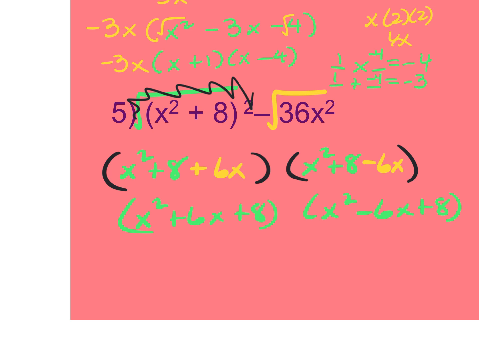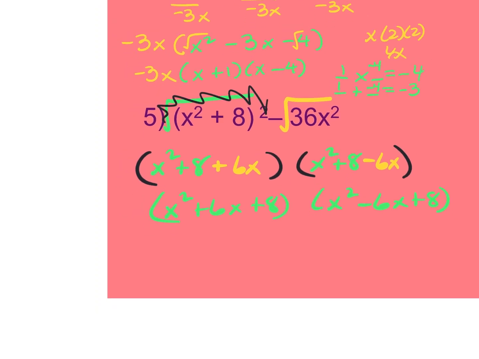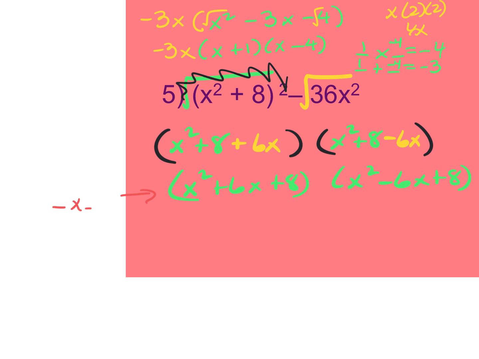On the left one, I'm looking for two numbers that multiply to give me 8, but add to give me the middle, which is 6. Those two numbers are positive 2 and positive 4. So this will factor into x plus 2, x plus 4.